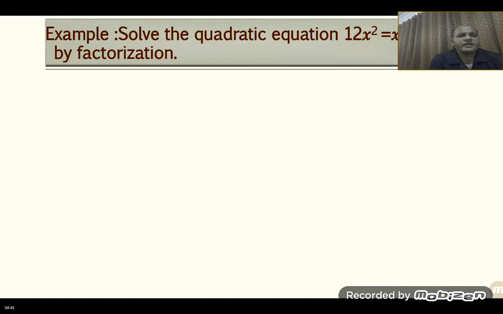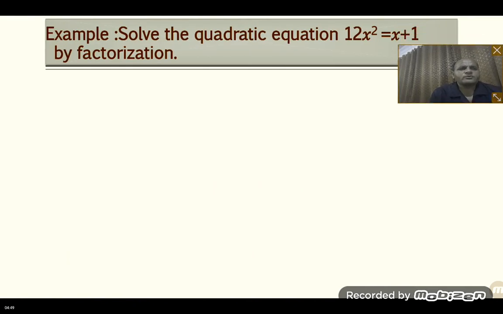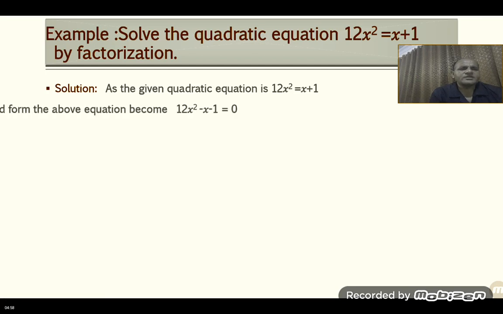So let us solve this quadratic equation. 12x square is equal to x plus 1. As you see that this equation is not in the standard form. Let's put this in the standard form, that is 12x square minus x minus 1 is equal to 0.